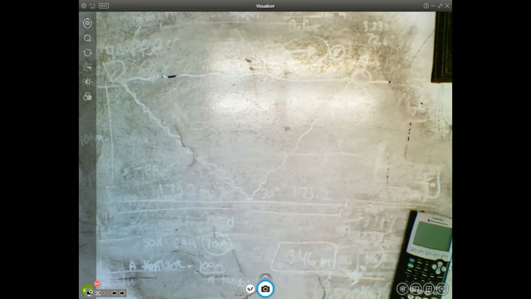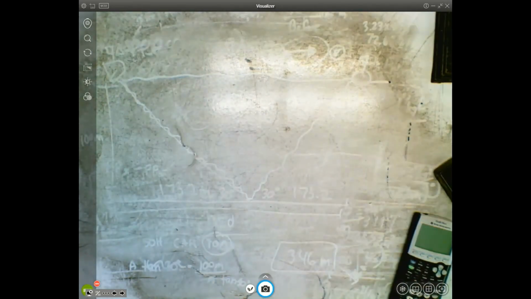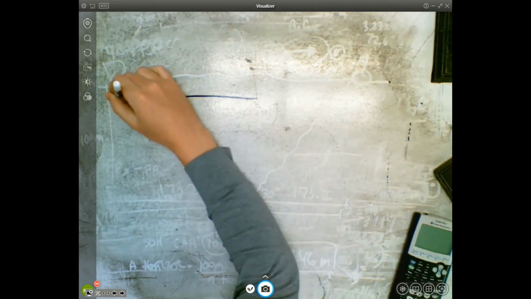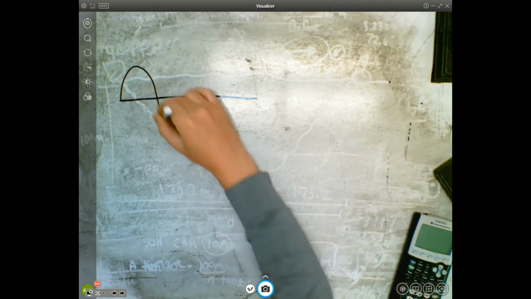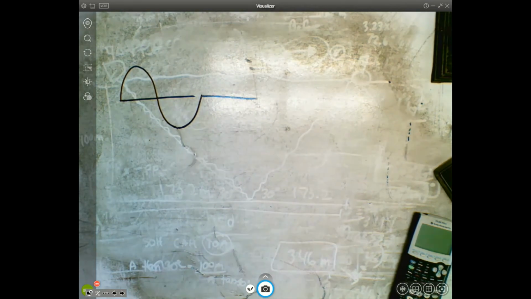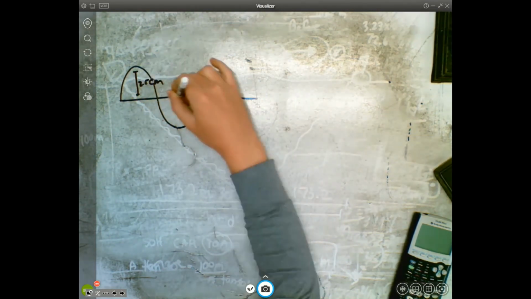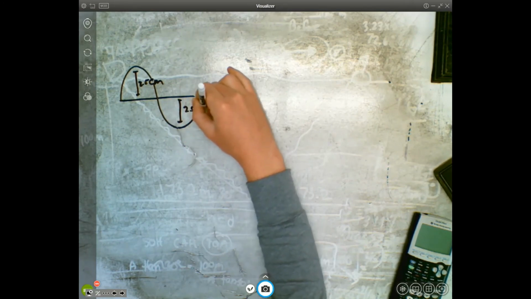Okay, so if we draw a 2.5 centimeter wave, the 2.5 centimeters refers to the amplitude. So this is my 2.5 centimeter wave, where this is 2.5 centimeters, and this is 2.5 centimeters.